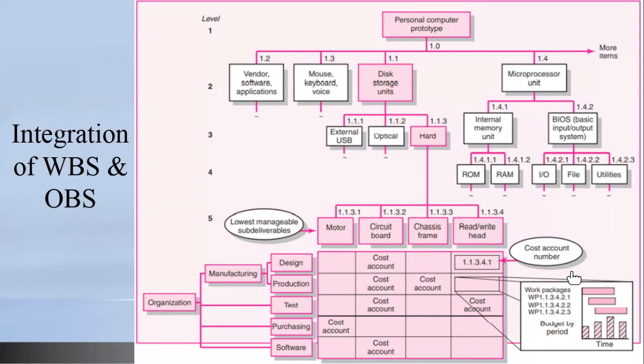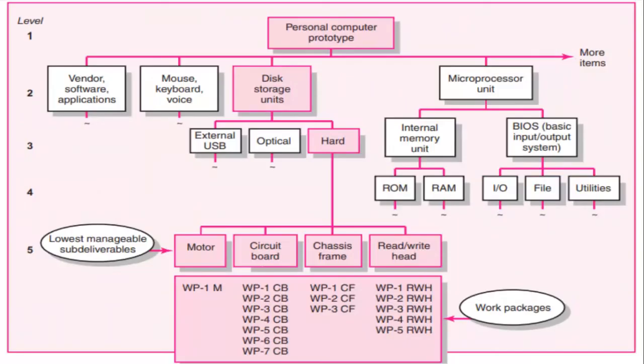All right, let me go back up here. If this is at level 5, we said that the number that would be assigned to the work package would be a 5-digit number. Remember that? Everybody remember that? Yes, sir.